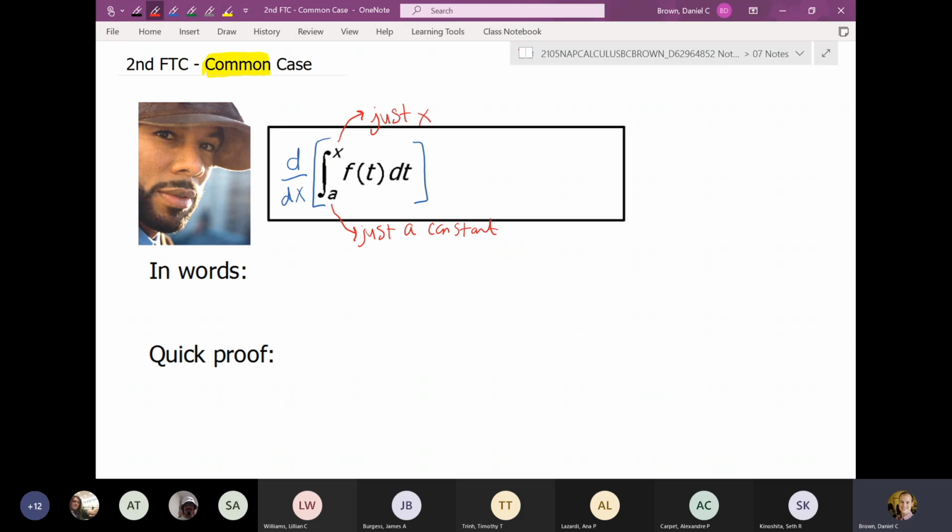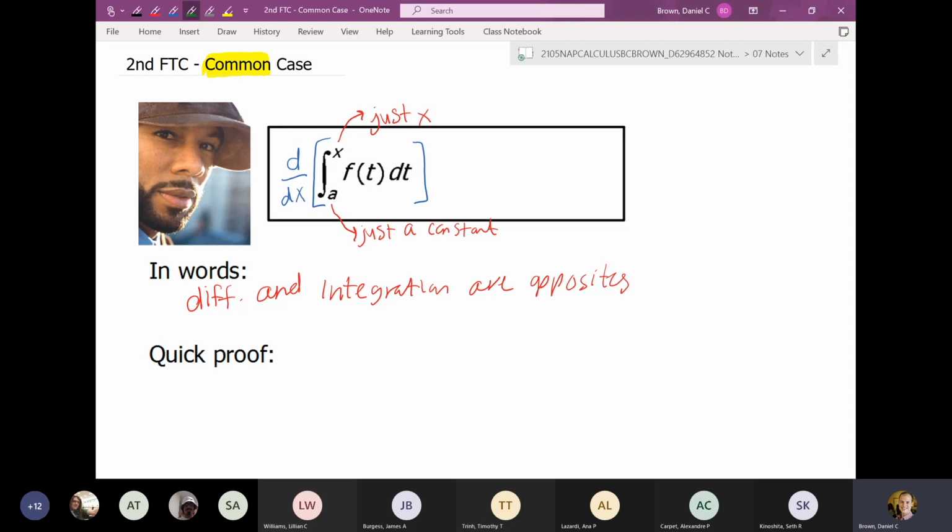But the second FTC basically states that differentiation and integration are opposites. And if they are opposites, then they basically are going to cancel each other out. Well, how to express that?